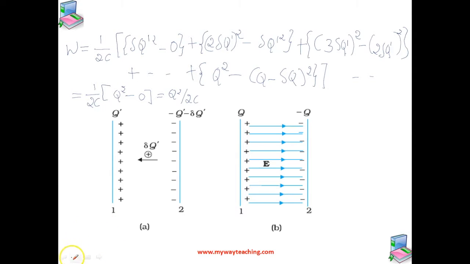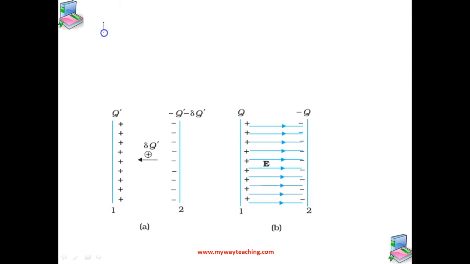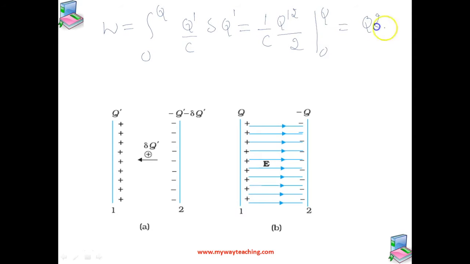If you integrate the equation, that is W = integral from 0 to Q of (Q'/C) dQ', that is equal to 1/C times Q'²/2 with limits 0 to Q. We get the same result, that is Q²/2C.